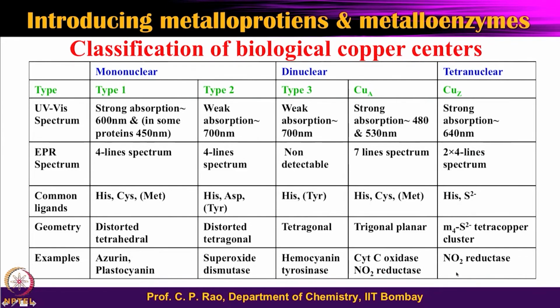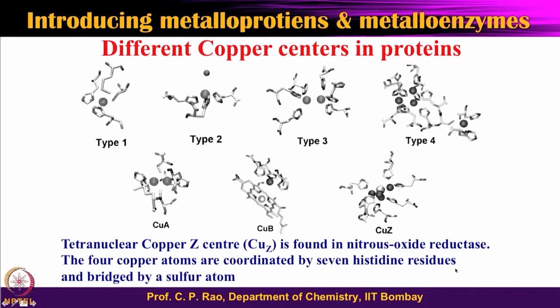So, now we have become familiar with type 1, type 2 and type 3. Type 1 and type 2 are mono copper centers, and type 1 has not only histidines, it has one methionine and one cysteine. That is the reason why you get the blue color.